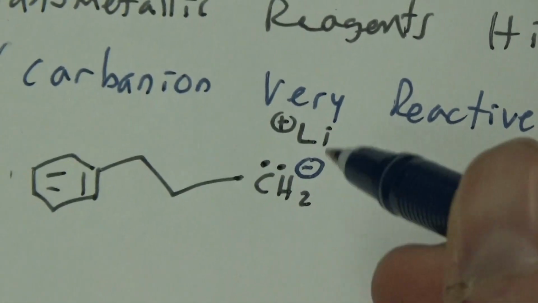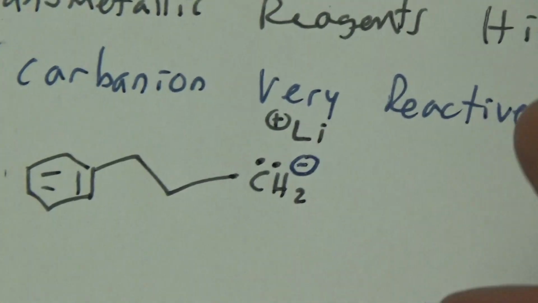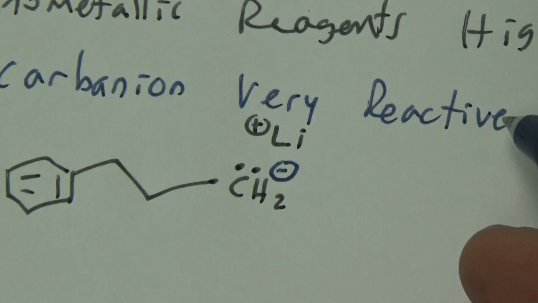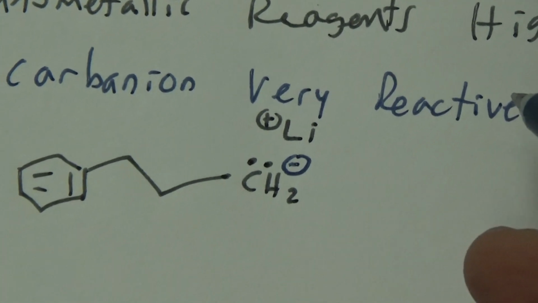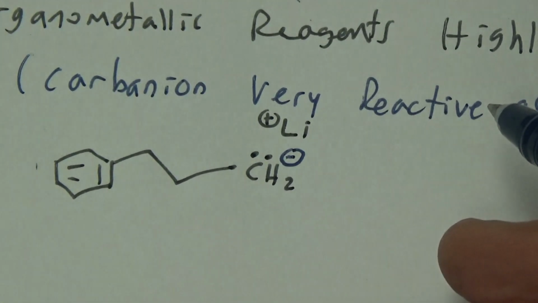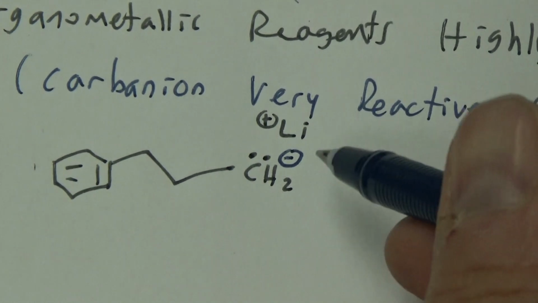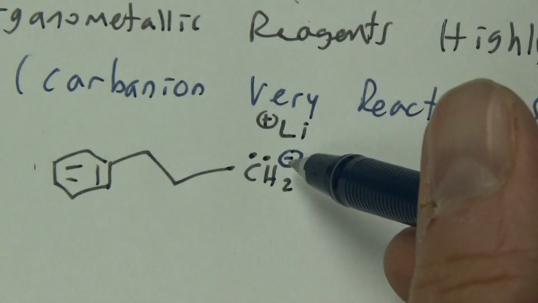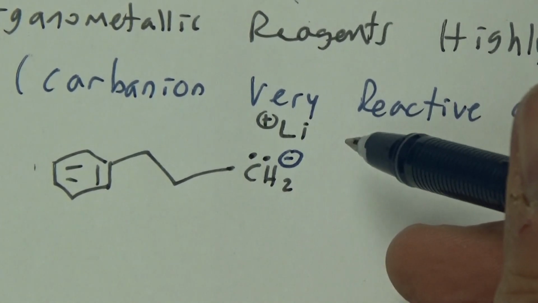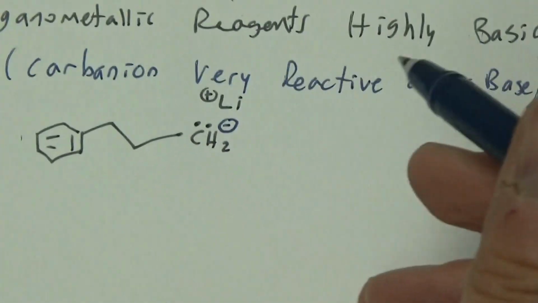I'm drawing it ionically, so it's benzene, CH2, CH2, CH2 minus, lithium plus. How do we quantify basicity? Well, remember, we usually talk about pKa values. pKa values are acidity, though, so there's not really an acidic proton here, right? So we talk about the pKa of the conjugate acid, the CH3 version of this.